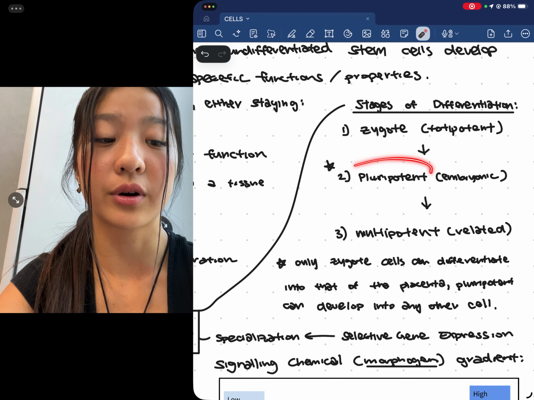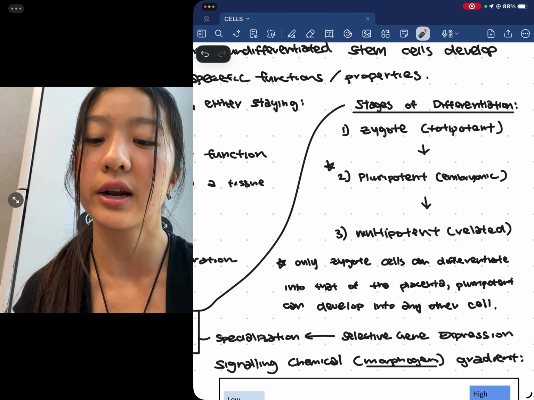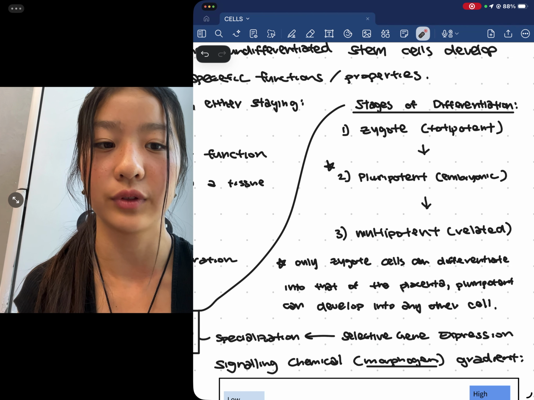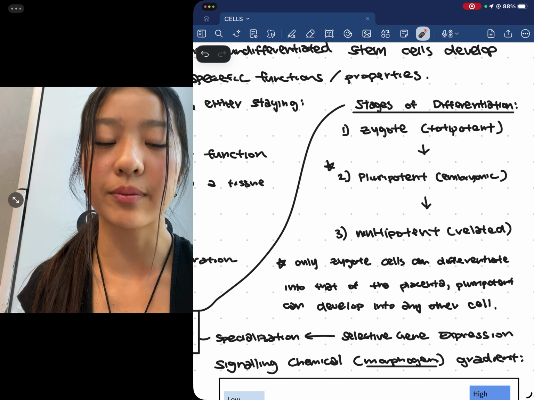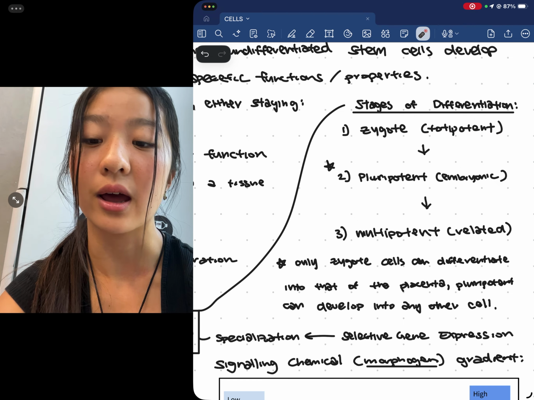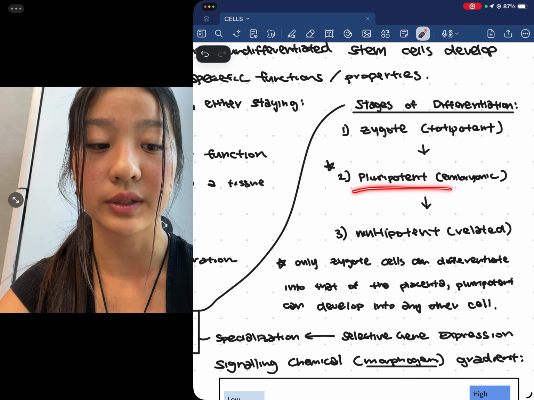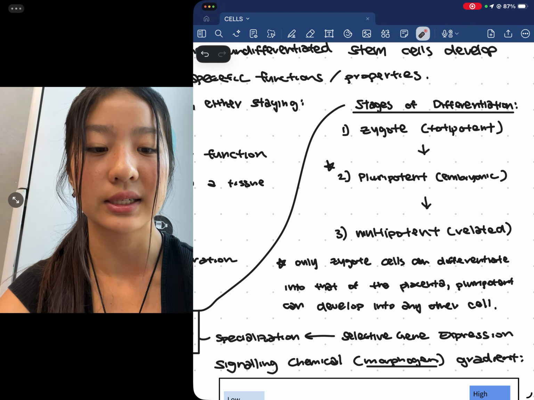Then we have pluripotent embryonic cells, and pluripotent cells can also develop into any specialized cell type except for that of the placenta. So the separation between the zygote and the pluripotent cell is that only totipotent cells can differentiate into placenta cells, whereas pluripotent cells can develop into any other specialized cell.